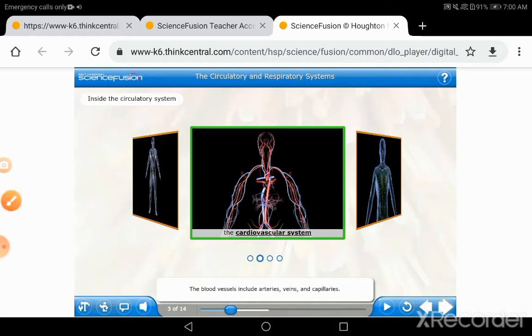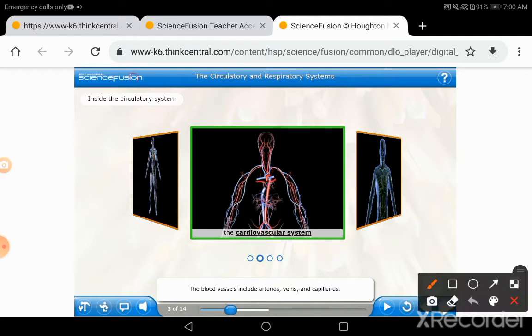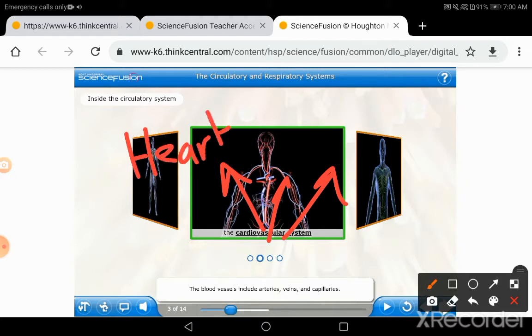Okay, so as they mentioned, the cardiovascular system includes three parts, which are the heart, the blood, and the blood vessels.